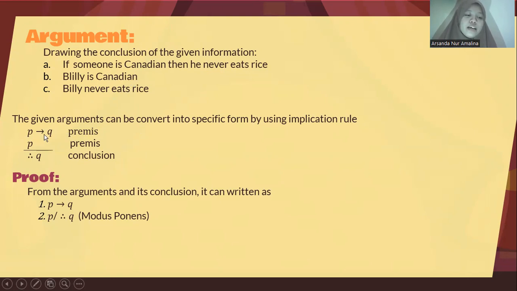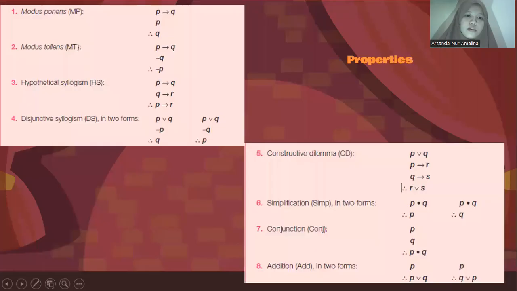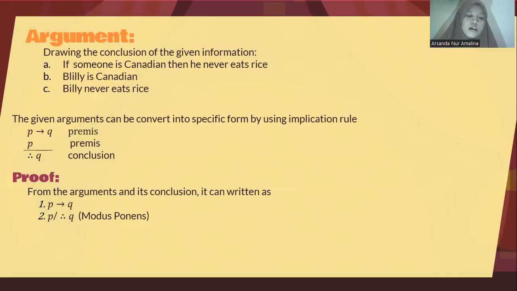From this, we can prove it by the properties of drawing conclusions. We write the given premises and the conclusion.